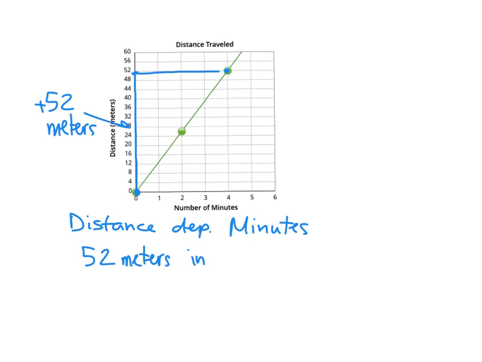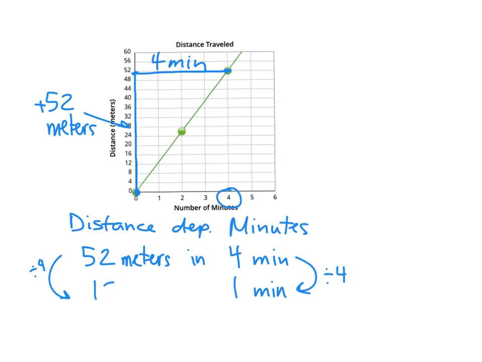So in 4 minutes. To find a unit rate, we need to get down to 1 minute. So I will divide by 4. And 52 divided by 4 is 13. So they can do 13 meters in a minute.